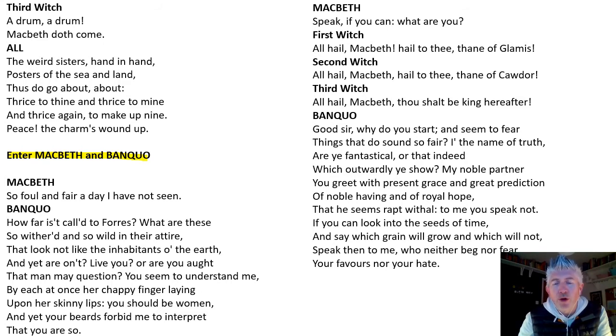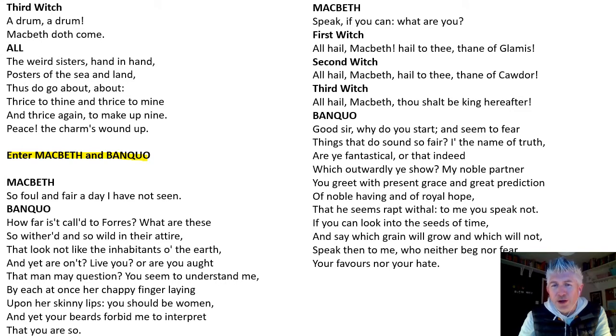First witch. All hail Macbeth, hail to thee, Thane of Glamis. Second witch. All hail Macbeth, hail to thee, Thane of Cawdor. Third witch. All hail Macbeth, thou shalt be king hereafter. Banquo. Good sir, why do you start, and seem to fear things that do sound so fair? I' the name of truth, are ye fantastical, or that indeed which outwardly ye show?